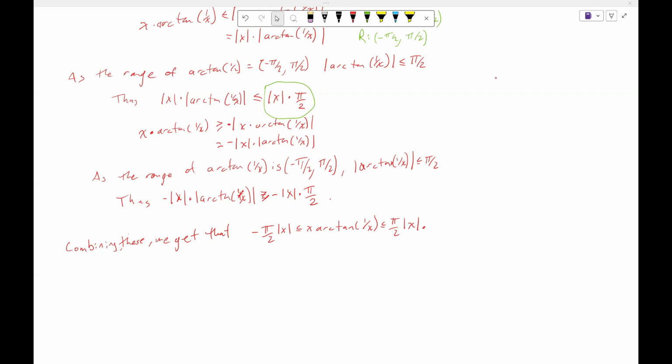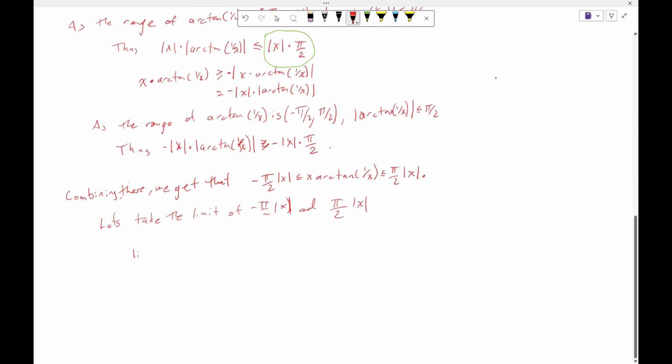So the problem: let's take the limit of minus pi by 2 times the absolute value of x and pi by 2 times the absolute value of x.